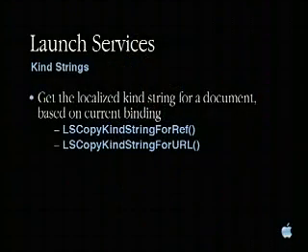You need to know the kind string for a document. This API returns, for a document or even for a URL, the kind string pulled out of the bound application. So it does the default binding, looks in the package, looks in the property list, finds the localized kind string for the document, and returns it to you as a CFString.